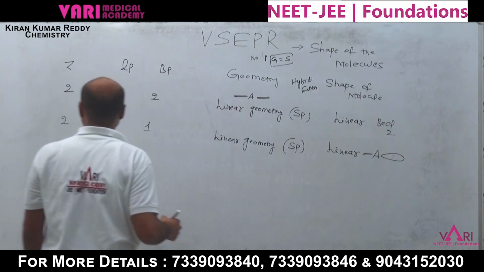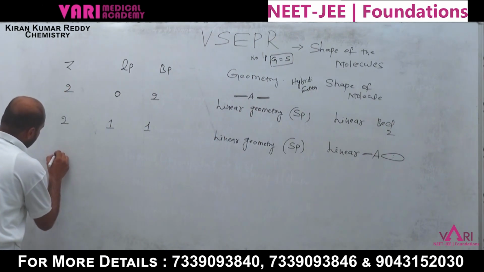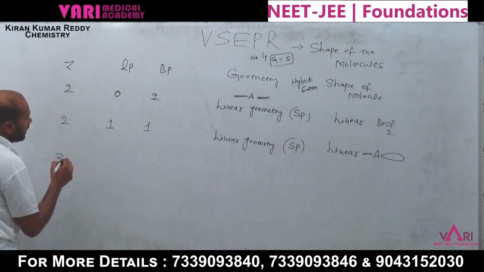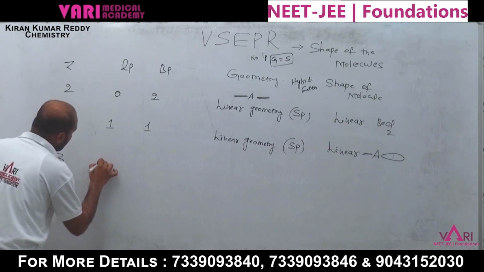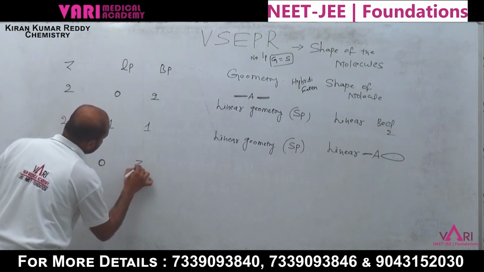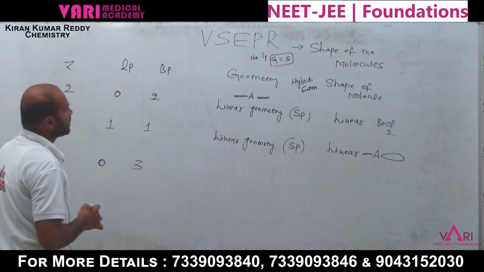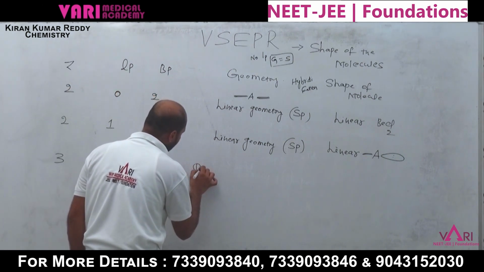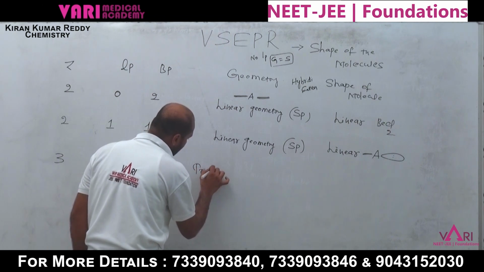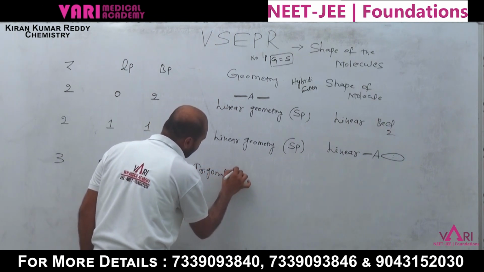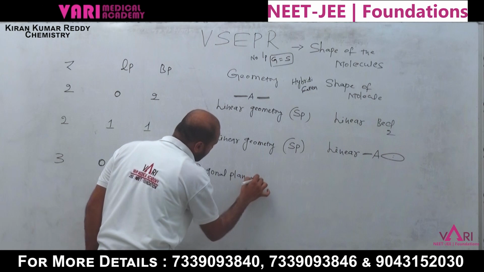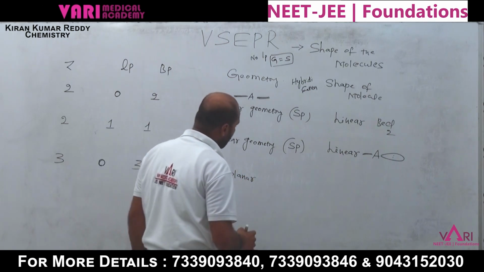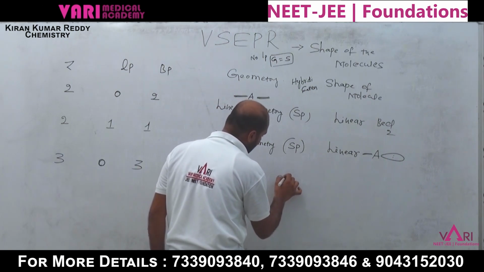And next one is Z is equal to 3. I am taking Z is equal to 3. Lone pairs are 0. 3 bond pairs are present. What is the geometry? Geometry is trigonal planar, even shape also, and hybridization is sp2.